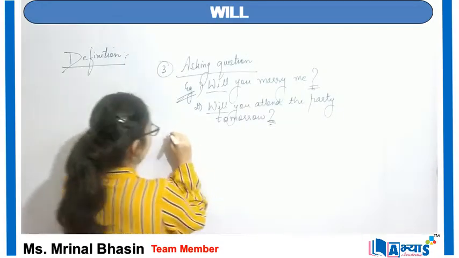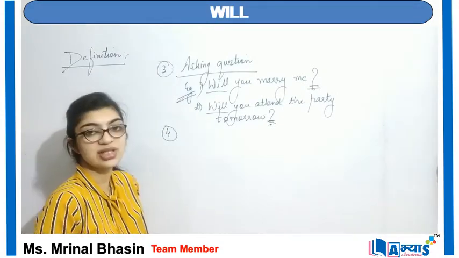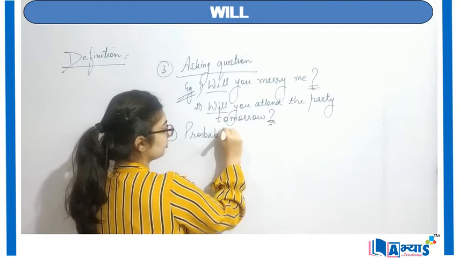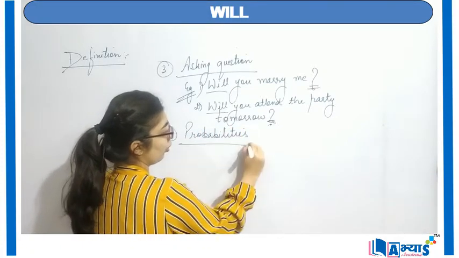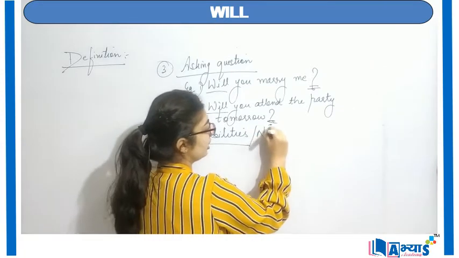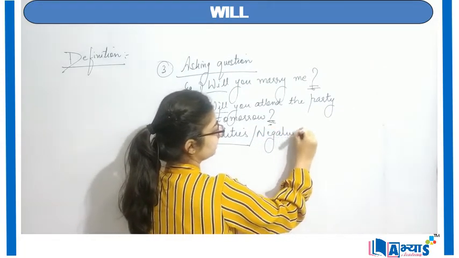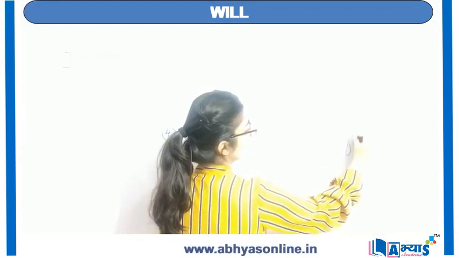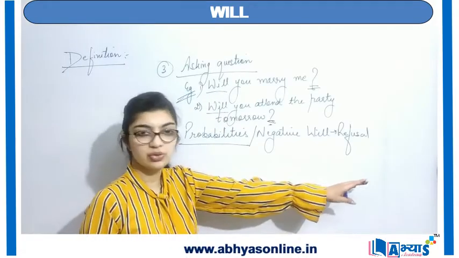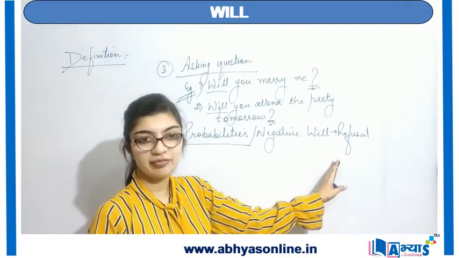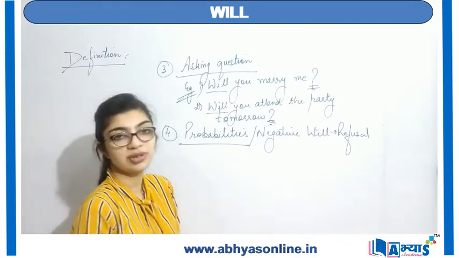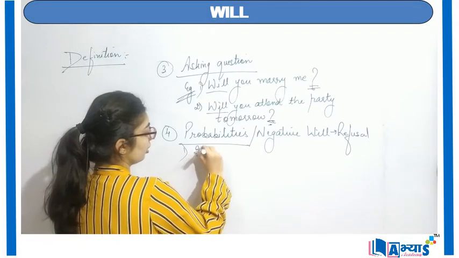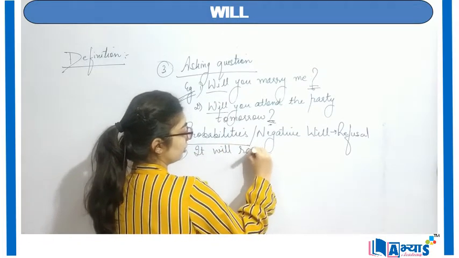Now the fourth place where will can be used is for making any kind of probabilities, or a negative will is used for refusal. If I want to refuse, I can make use of negative will, and will can be used for probability, like it will rain tomorrow.